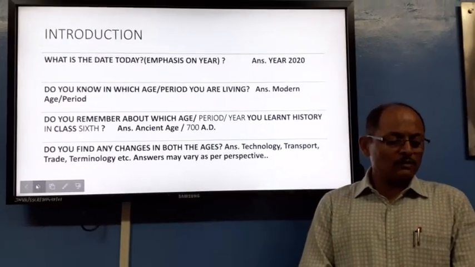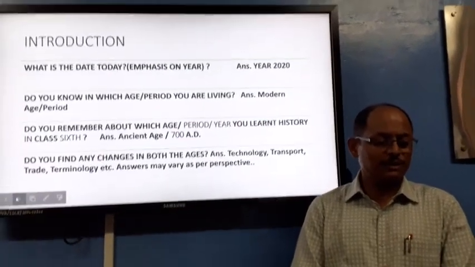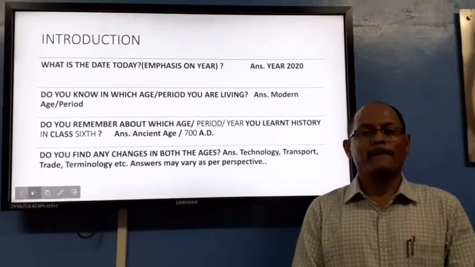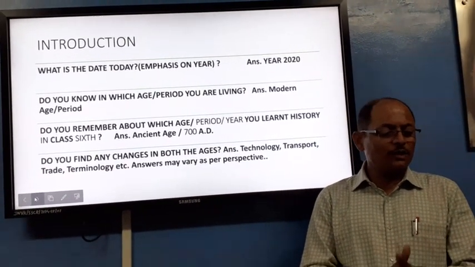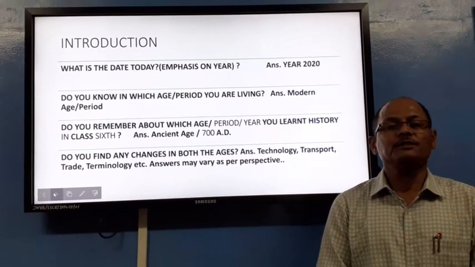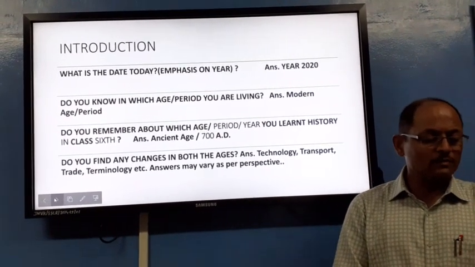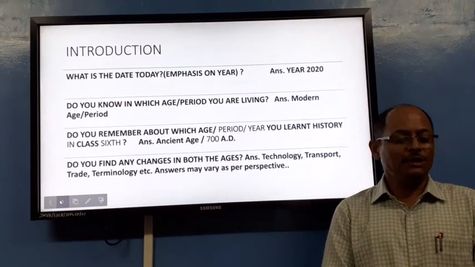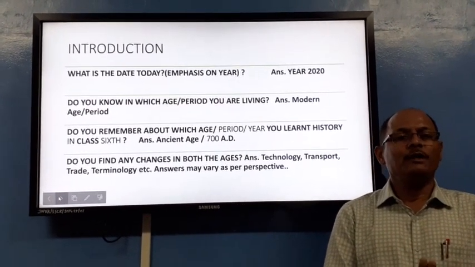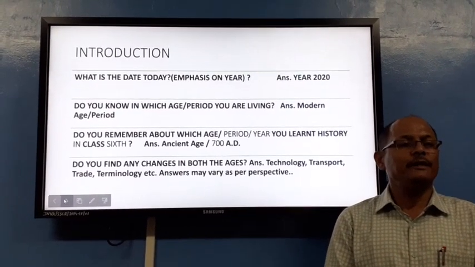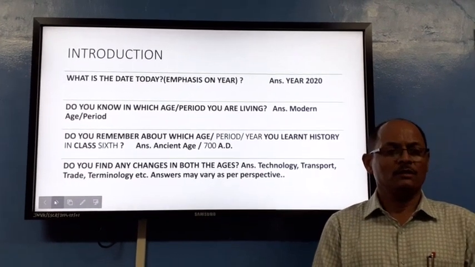He ruled from 606 to 647 CE. If you remember the best known Chalukya ruler, that is Pulkeshin II, he ruled from 609 to 642 CE. So obviously you will come to know we read about something around 700 AD and about the ancient age.